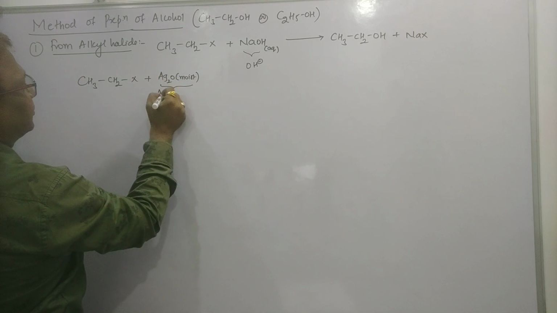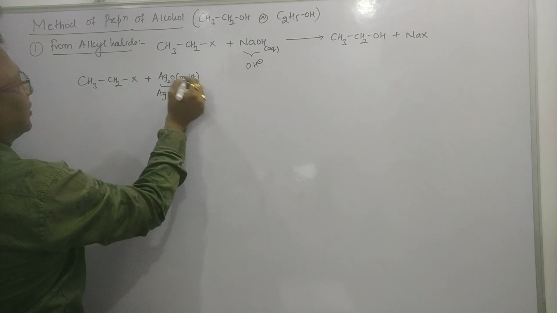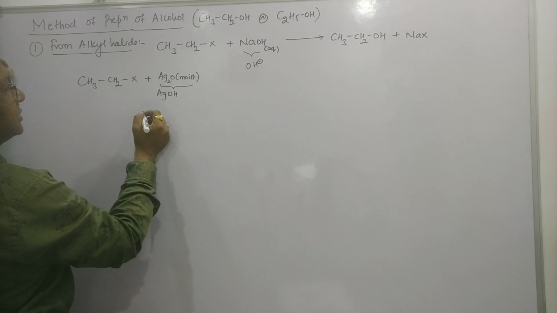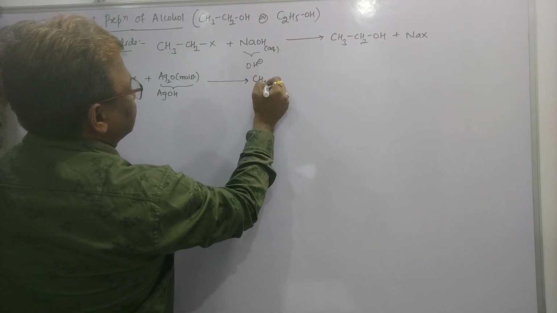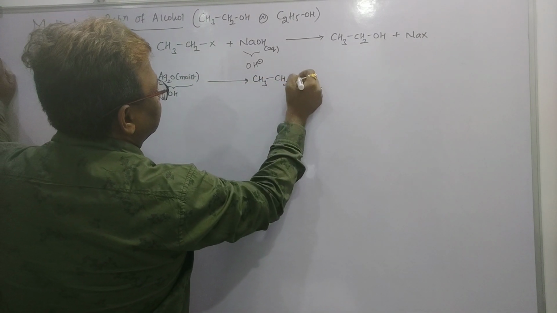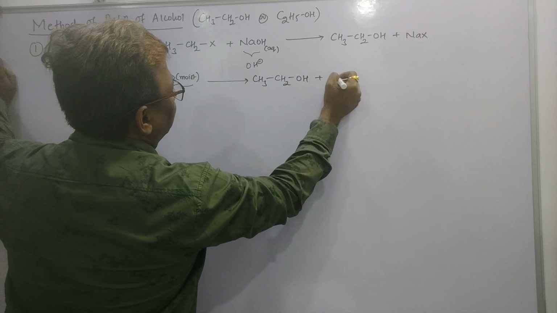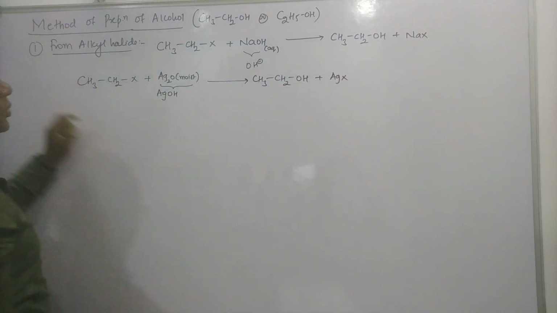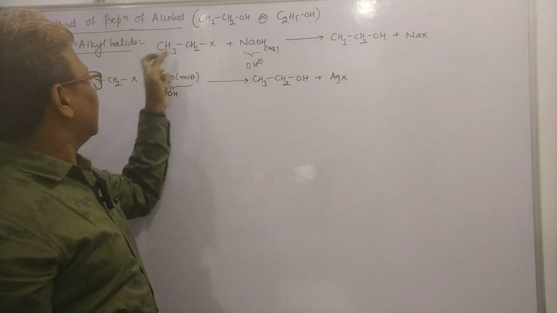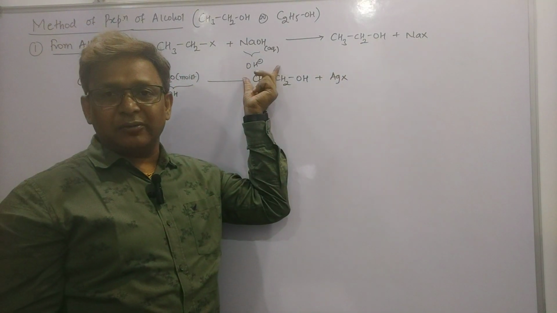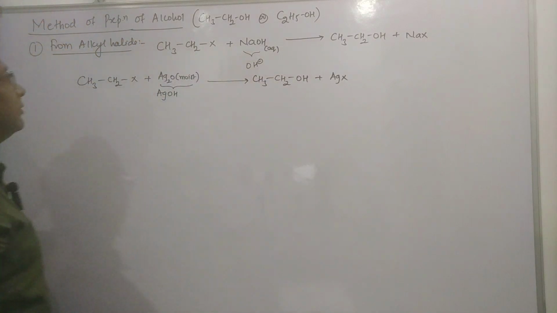Actually, it is in this way: silver oxide combines with a water molecule and forms AgOH. OH will replace the halogen, and we get CH3CH2OH. The remaining silver halide comes off. So, beta, ethyl alcohol, or an alcohol, can be prepared from the alkyl halide when it is treated with aqueous NaOH or moist silver oxide.